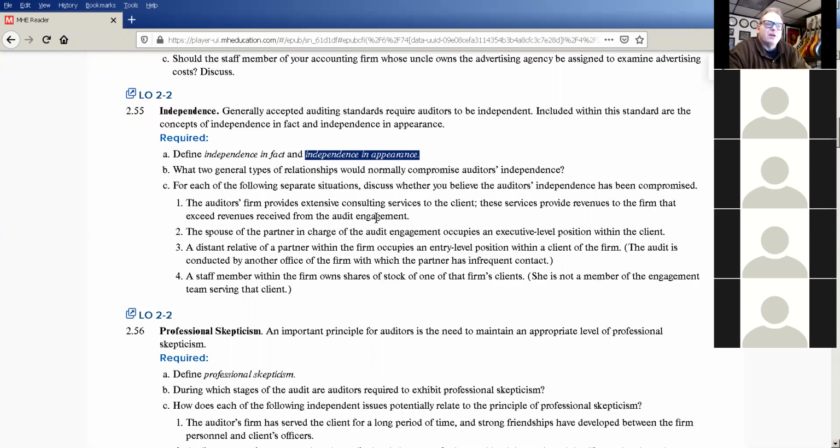The staff member's uncle is an example of that. They may be completely objective about it, but the appearance would be that they're not. And so, again, the only thing we give to financial statements is credibility. And if that is somehow impaired, it defeats the purpose of an audit.